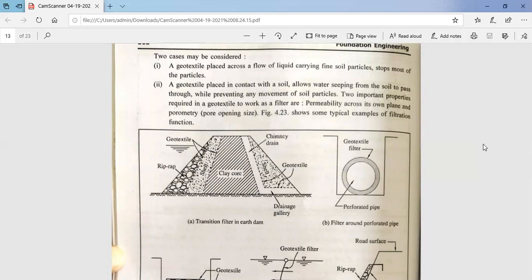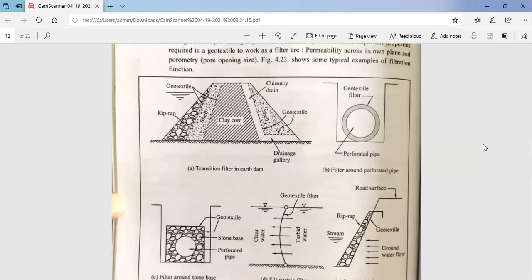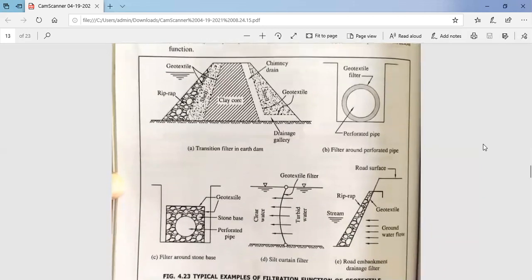Two important properties required in a geotextile to work as a filter are, first, permeability across its own plane, and second, porometry, which is the pore opening size. The figure shows some typical examples of filtration function. First is a transition filter in a dam.